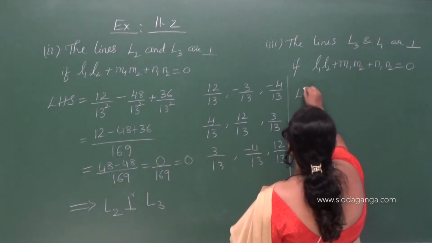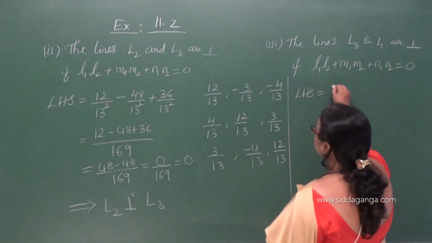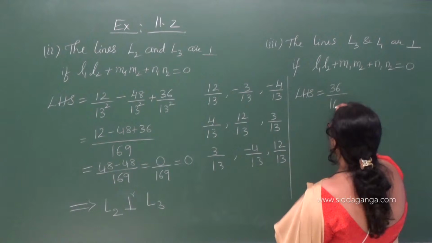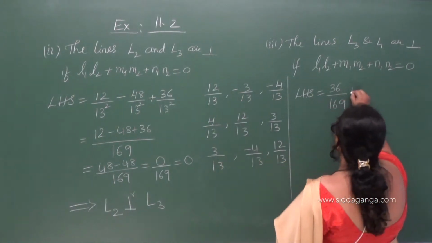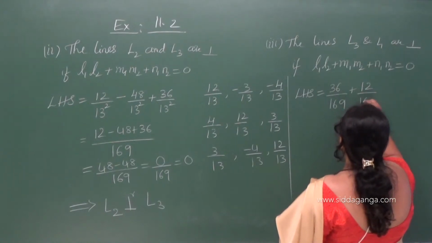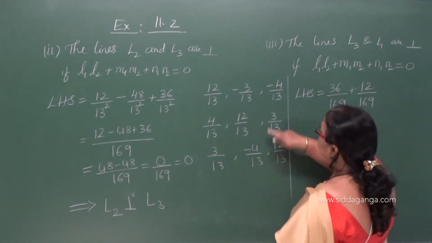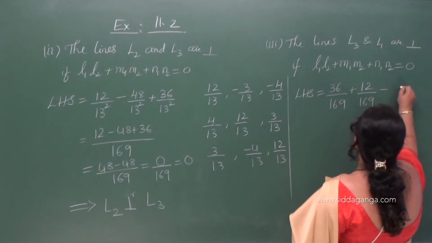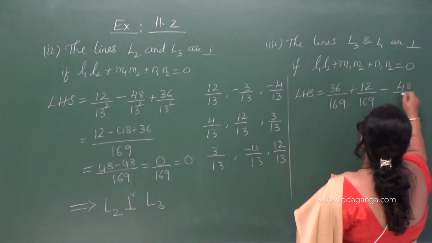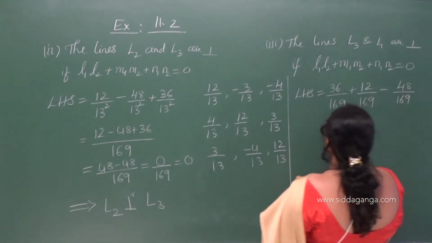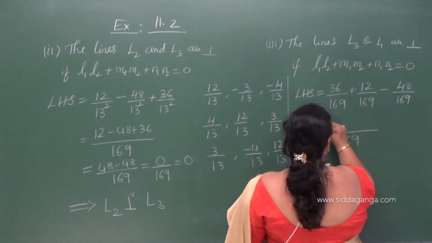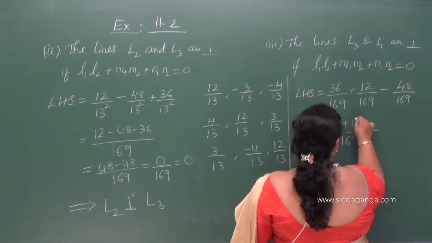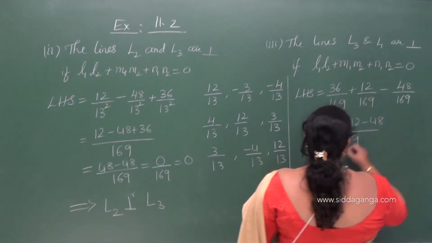Taking LHS, 12 3s are 36 by 169, minus into minus plus 12 by 169, plus into minus is minus 12 4s are 48 by 169, that is, with LCM 169, 36 plus 12 minus 48.